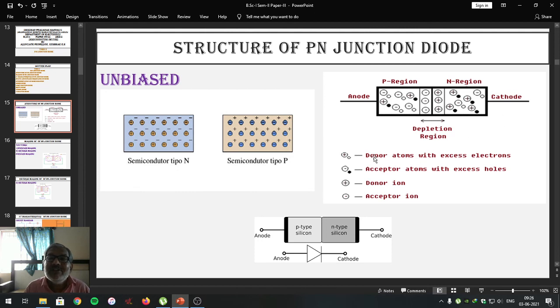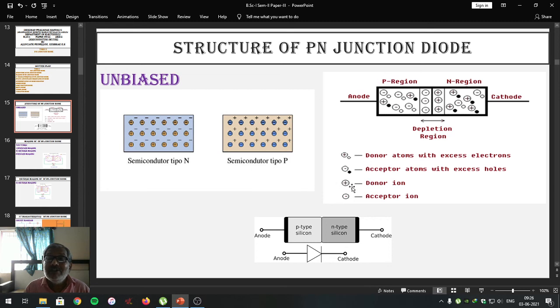Dear students, here the internal structures are represented. Plus ions, donor atoms, meaning donor impurity ions, which we have studied in the N-type semiconductor. These are the donor ions. This one is the acceptor ions which are present in the P region.